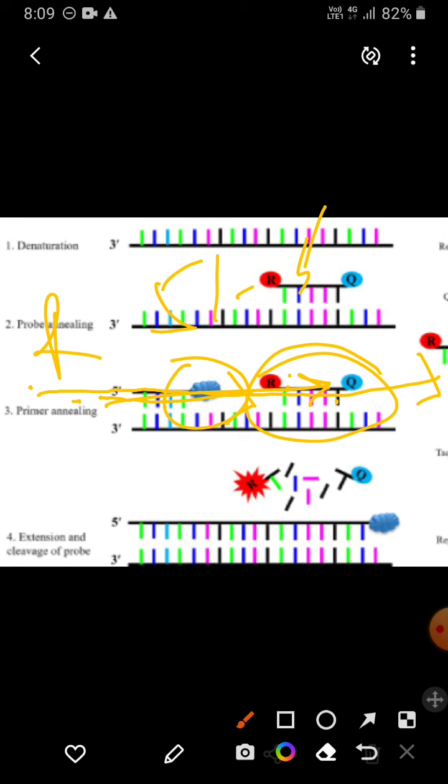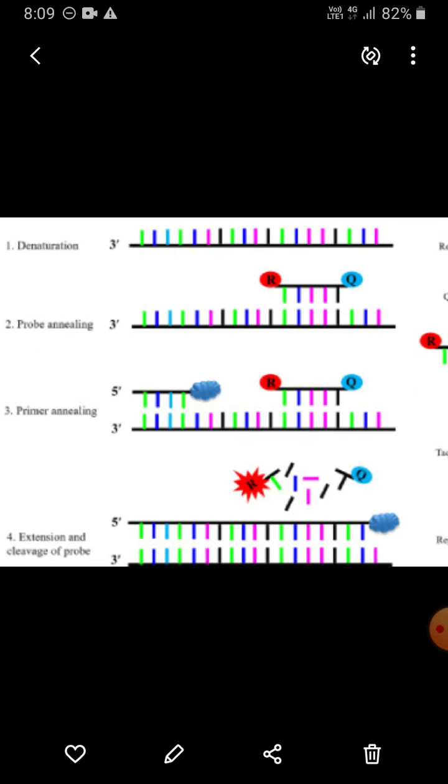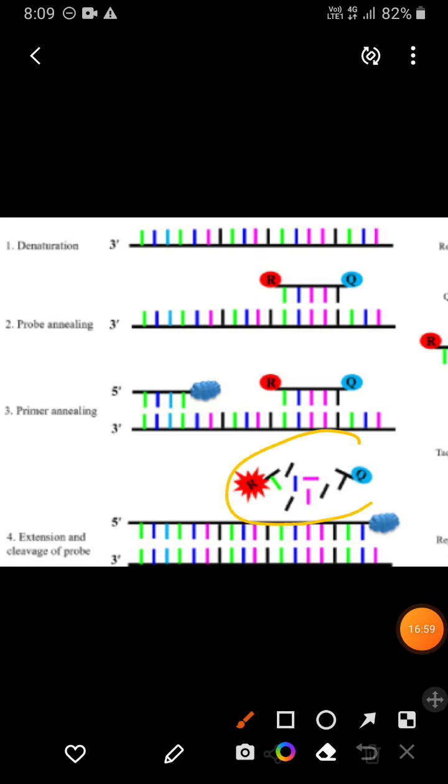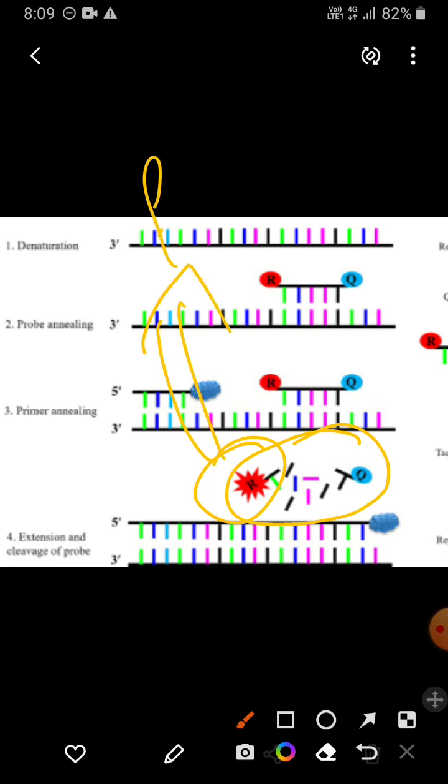So we can ensure that our gene of interest is being amplified. As a result of this amplification we are getting fluorescence, because in the presence of the quencher complex it is not possible.